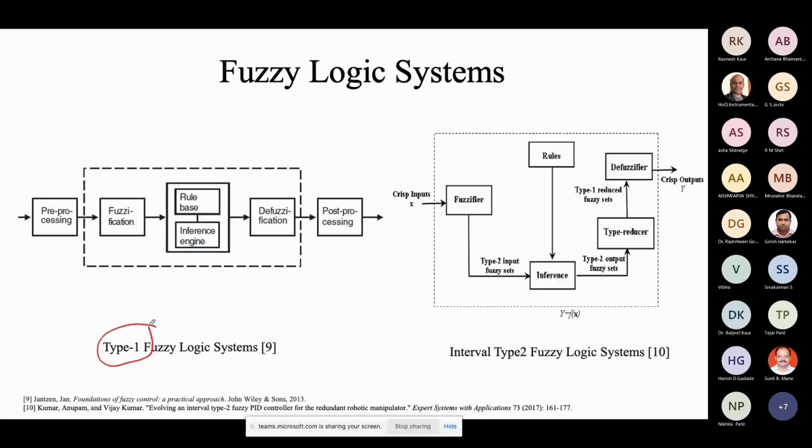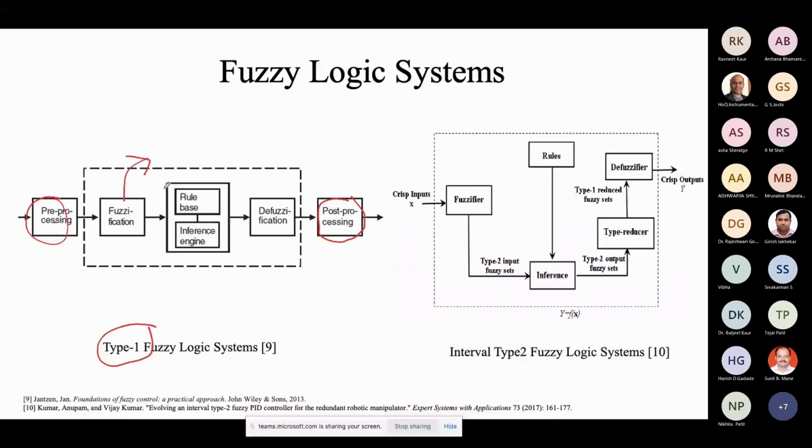Here you can see we have a pre-processing and a post-processing block. We will see what those are, but before that, we must understand what is in between. Here you can see fuzzification, the first important block in a fuzzy logic system. In fuzzification, we have a crisp value. What does crisp stand for?